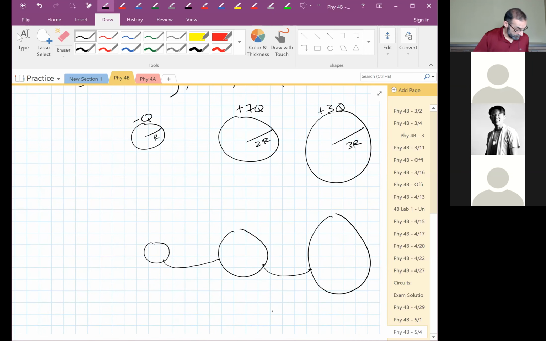So the question is, what's the charge on each one of these after we connect them with wires?